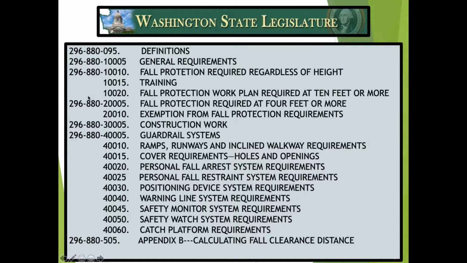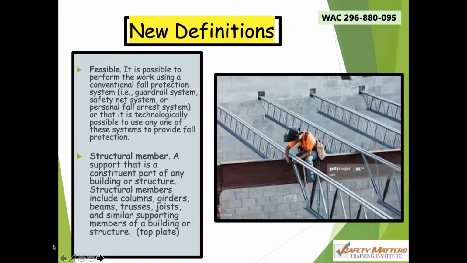So let's jump into this, definitions. I told you last time we spoke, at least I believe I did, that there's not really a lot of new changes, and that's good. When they decided to unify the Fall Protection Code, they looked across all of the industries and they looked towards the industry that had the strictest codes already in place.